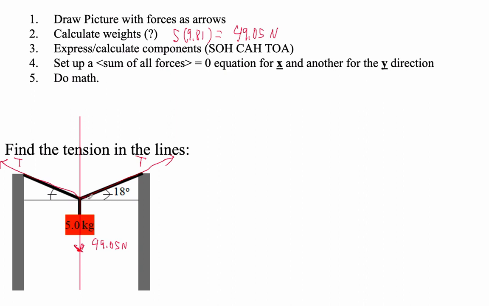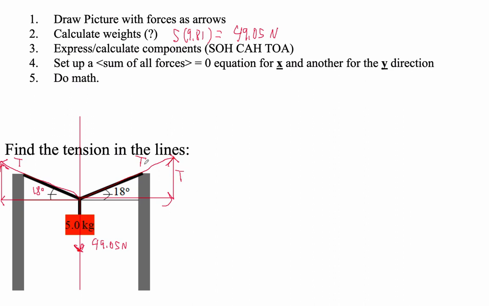So we've got a component like this. We've got a component like this. Got a component like that. And a component like this. And that's 18 degrees. This is also 18 degrees. I'm too lazy to label it 18 degrees. All right, so this side right here is the opposite side.